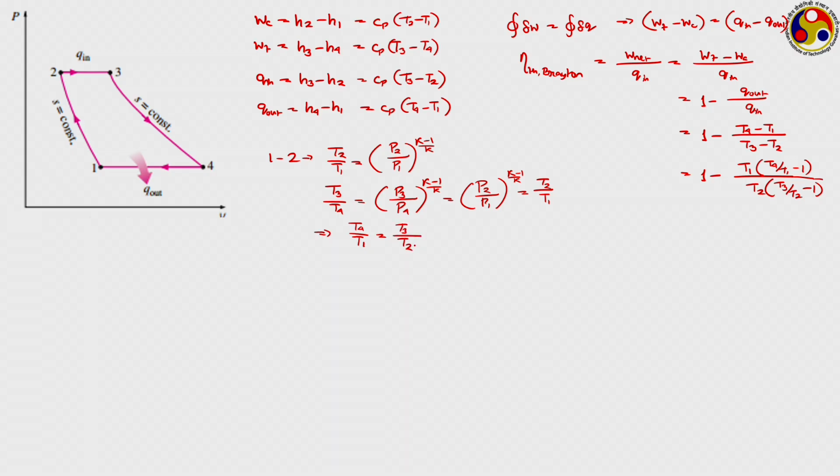So, if we take it back to the expression for the thermal efficiency, we have 1 minus T1 upon T2 for this.